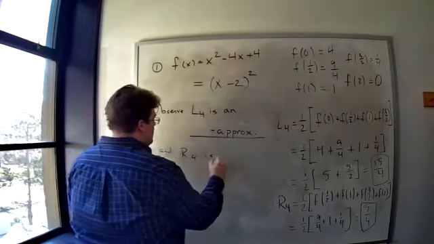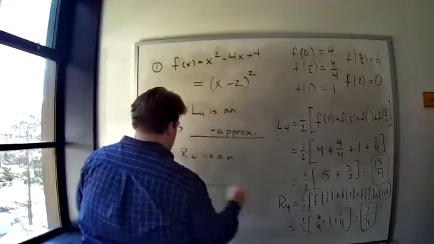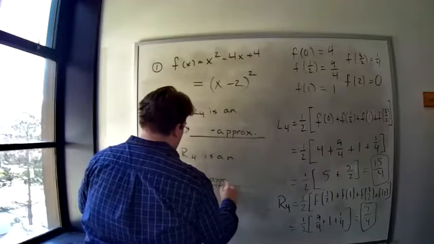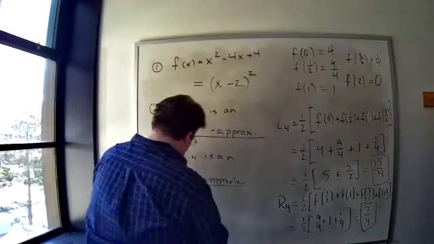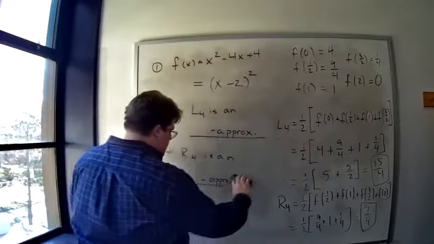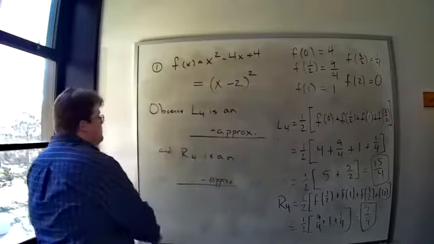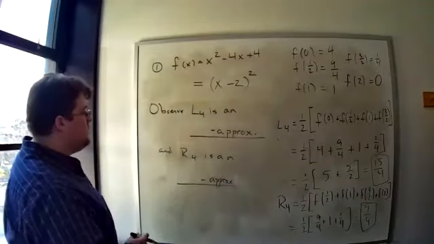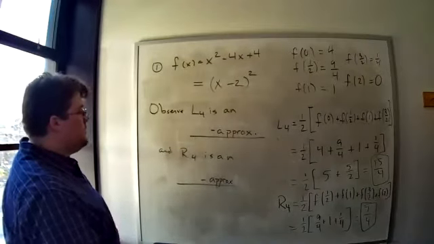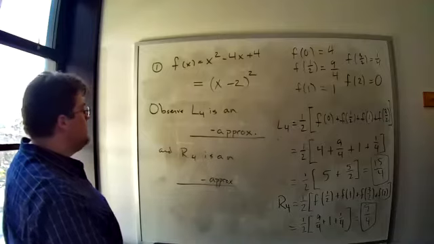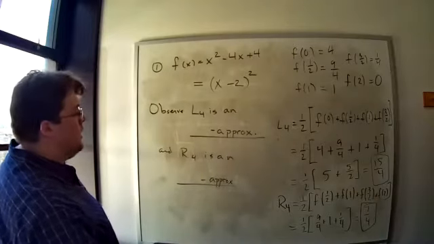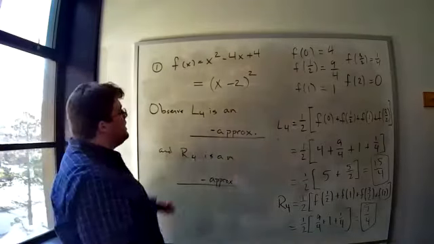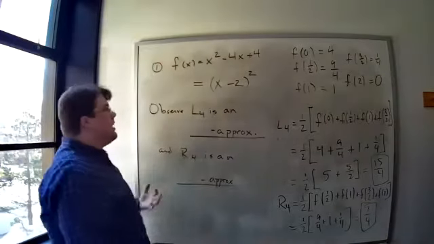Well, I should abbreviate both, but I abbreviated one. So the question here, or the observation, is which one of these is an over approximation and which one is an under approximation? And to do this, I like to consider what the graph looks like.